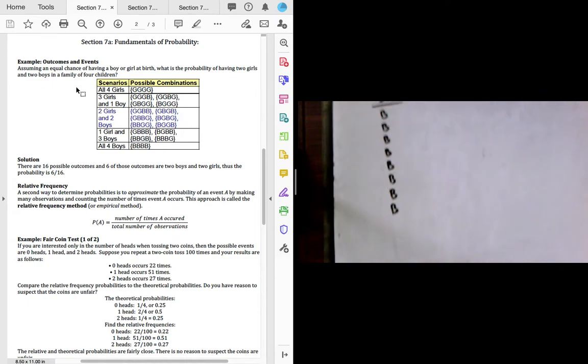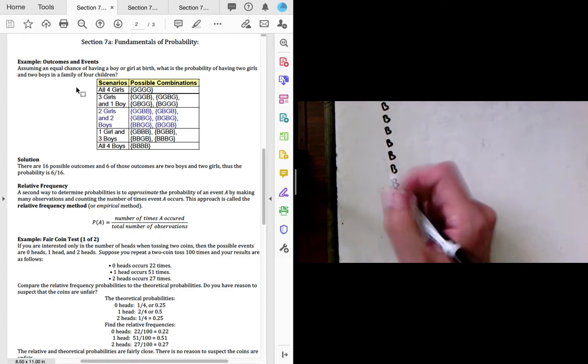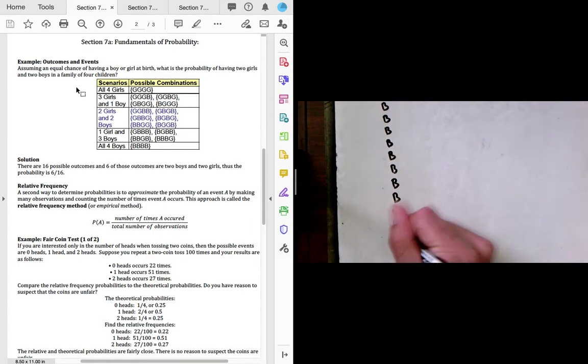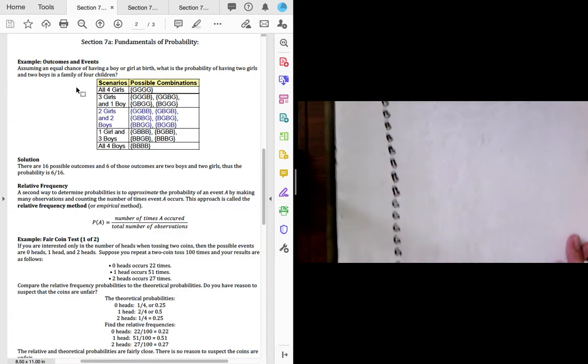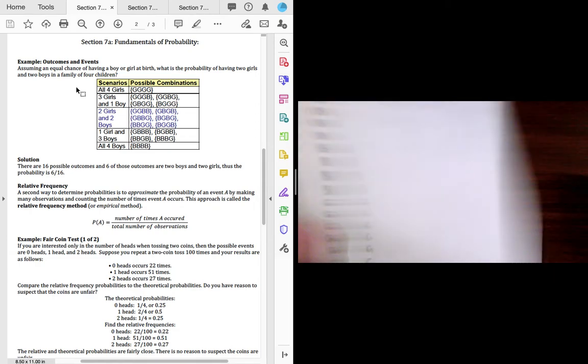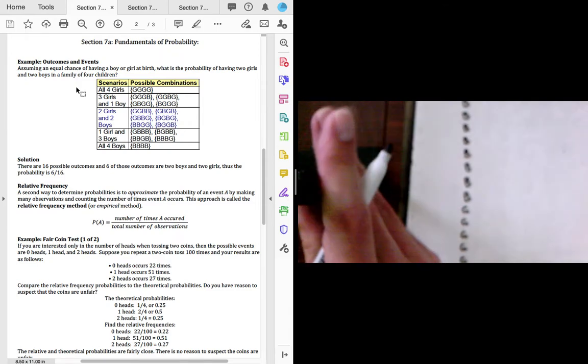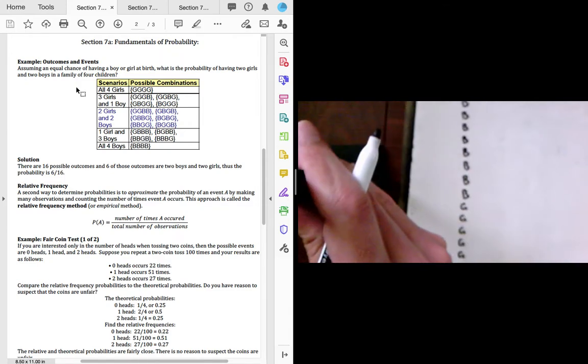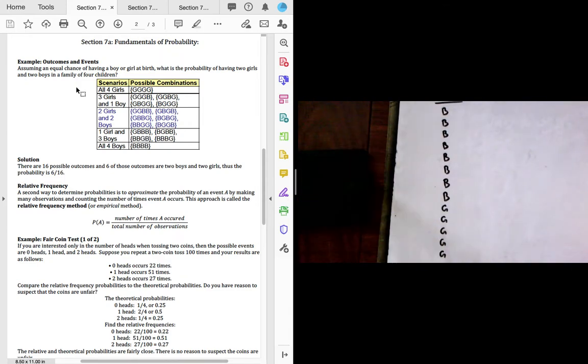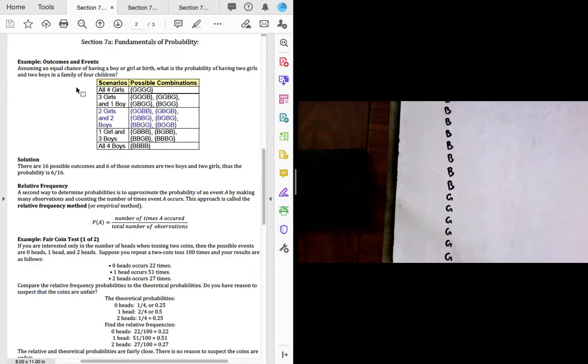Then I'm going to write out 8 girls. 1, 2, 3, 4, 5, 6, 7, 8. Sorry, I'm nearly out of room here. Let me zoom this out. That's better. I got too many G's.